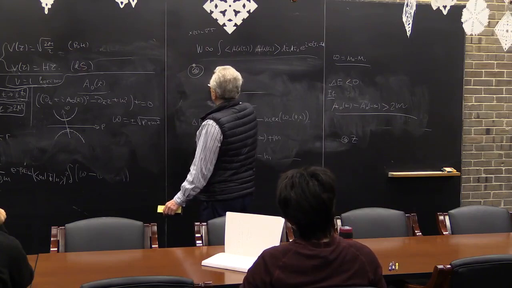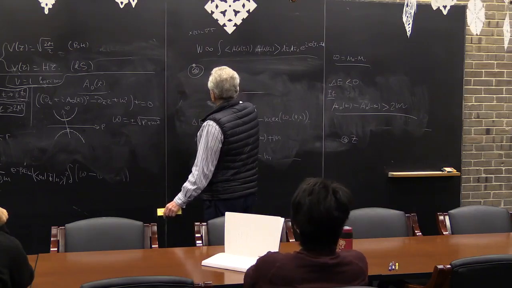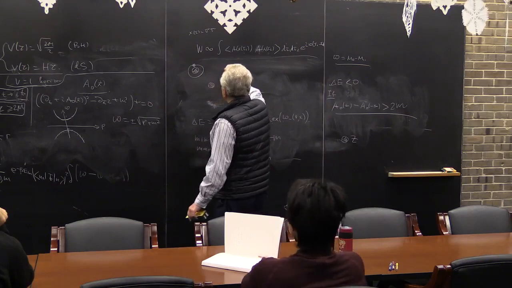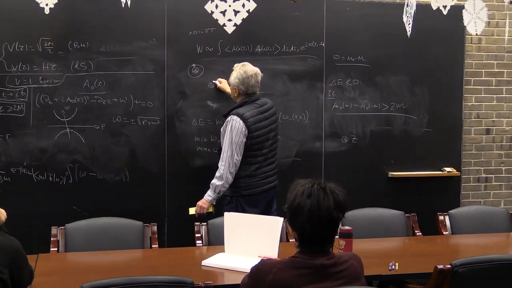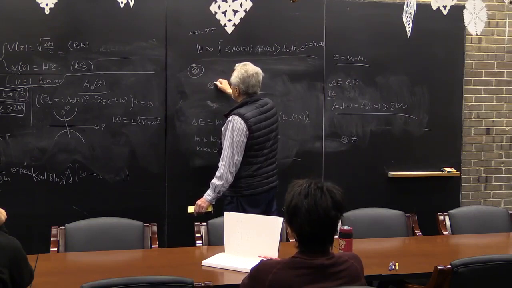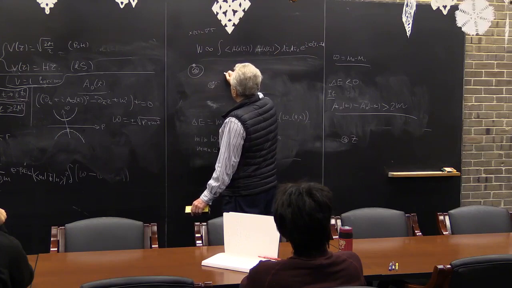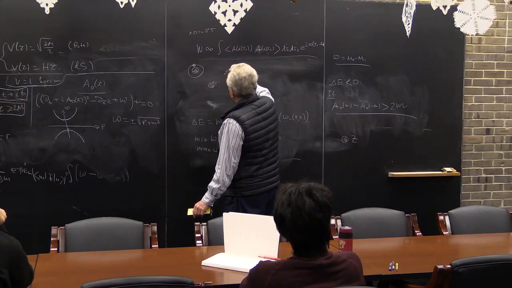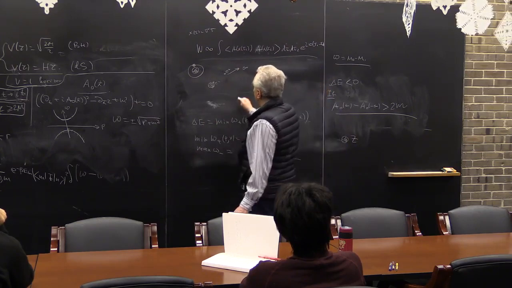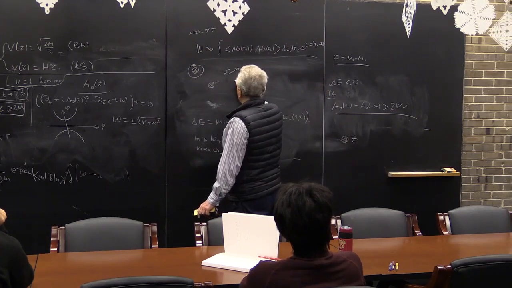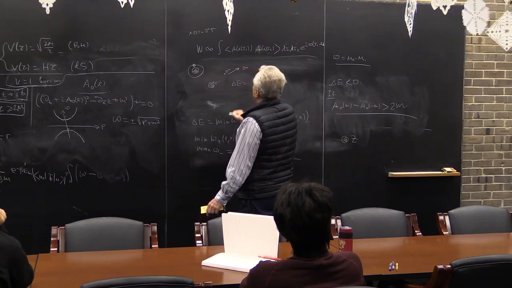But now consider a bare nuclei. It will be stable if... and consider the following possible process in which you create a pair e minus and e plus, and e plus goes to infinity. Then what's the energy balance here?